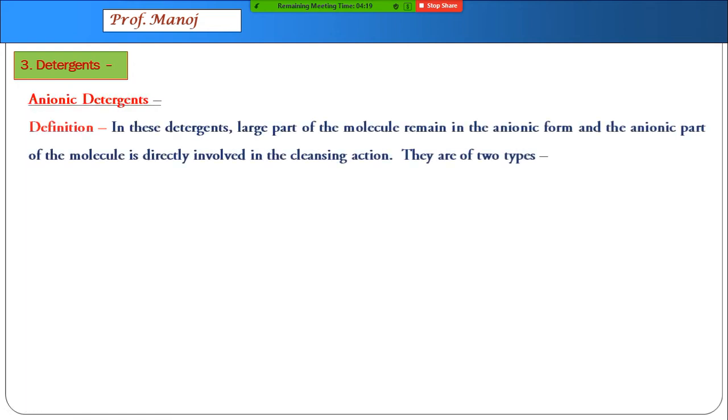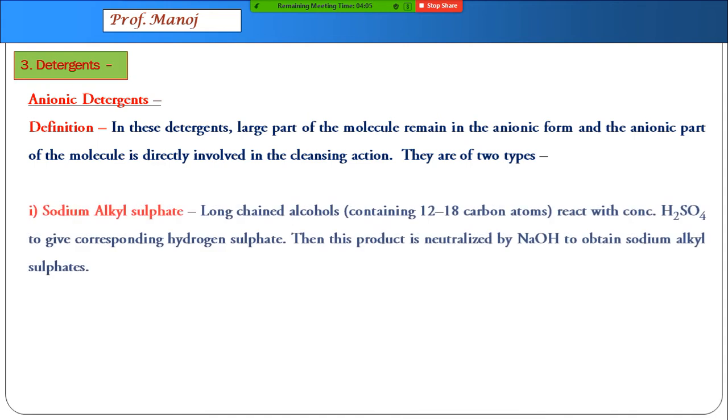The first is called anionic detergents. Remember, anionic or cationic, the name comes from where the charge is present. If a long chain contains a negative charge, then it will be called an anionic detergent. The first type is sodium alkyl sulfate.